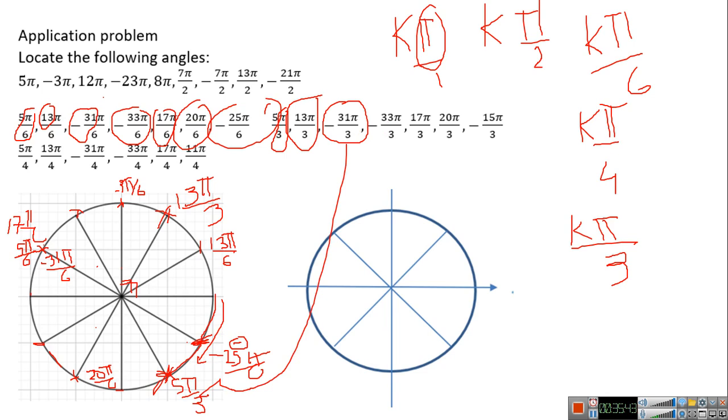I don't have space to write it. Okay, I have here minus 33 pi over 3, meaning minus 66. The multiple of 12 is minus 60. What remains? Minus 6. So 3 and 3. This point here, the odd number of pi, is minus 33 pi over 3.